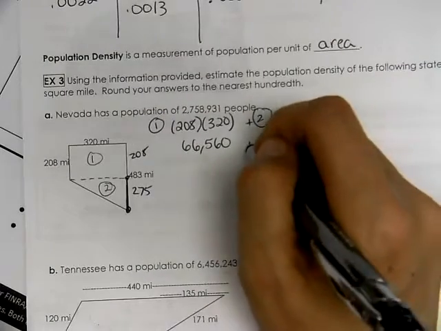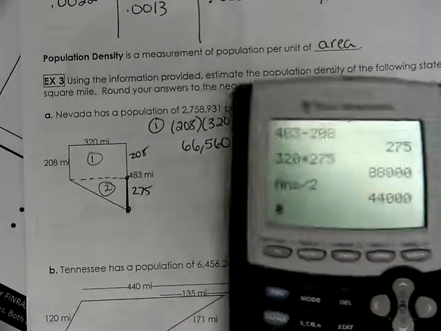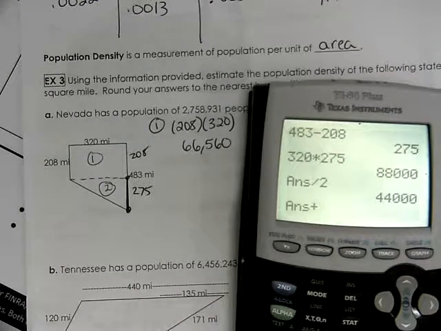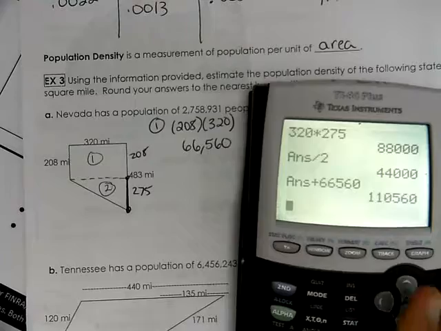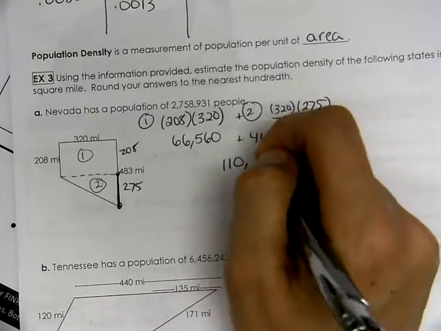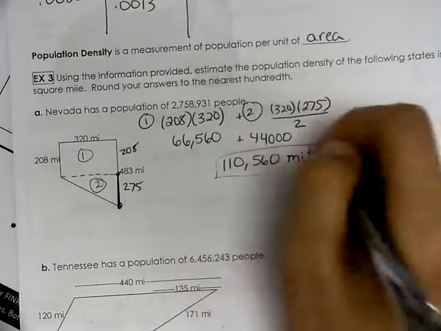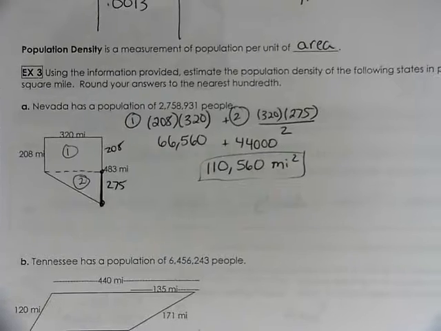So 320 times 275 cut in half is 44,000. So when I add it together, the state of Nevada is 110,560 square miles. So to find the population density, it's people per square mile.